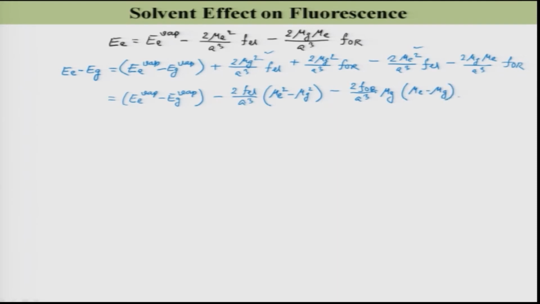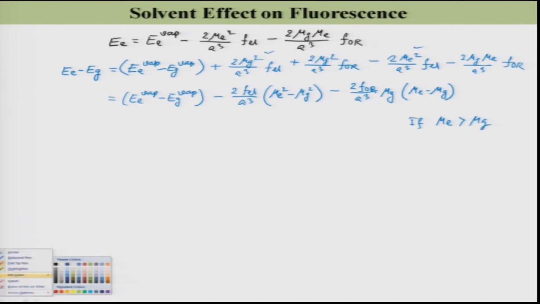So, look at this term. I have already said or taken that mu_E is greater than mu_G, if you remember. If mu_E is greater than mu_G, then this quantity is a positive quantity. Let me change the color again.